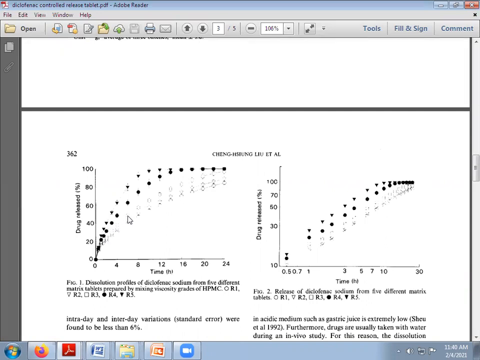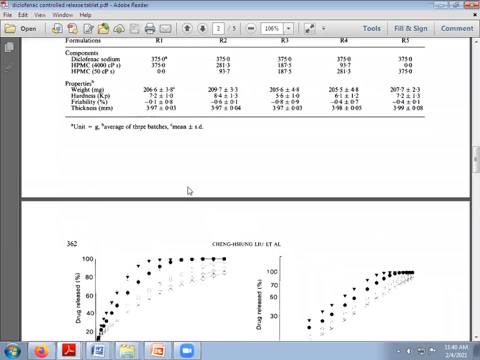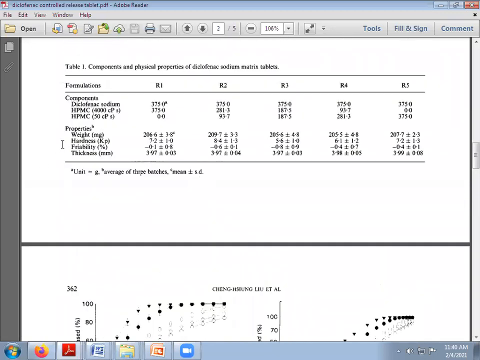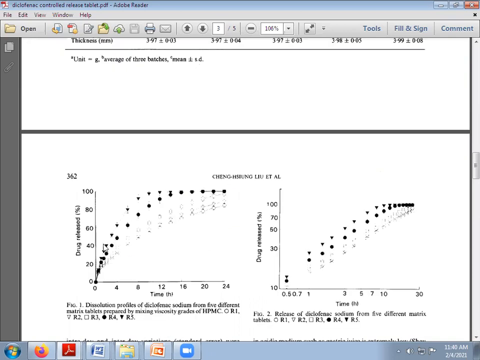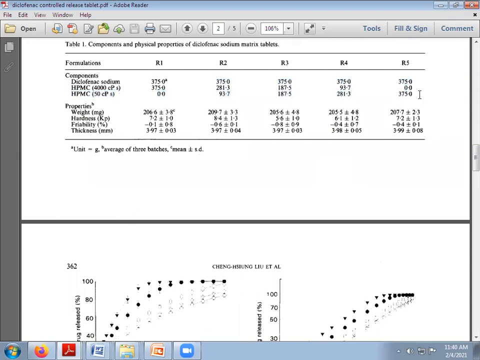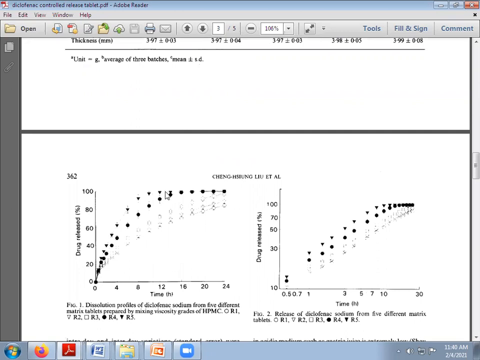As the concentration is lowered, the drug release increases. So this clearly indicates that this binder, its grade and its concentration affect the release rate of the drug. See, where the concentration is zero and only the 50 CPS with low viscosity is present, higher release is there.